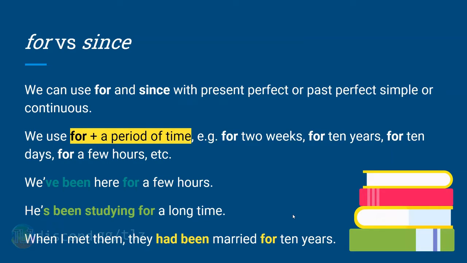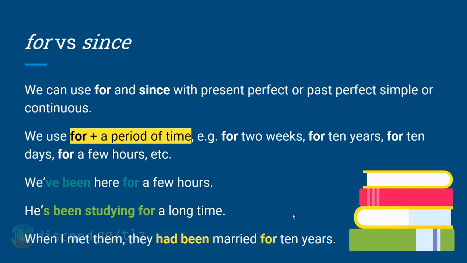Now, regardless of that general fact, there are specifications for their use. We use for with a period of time, for example, for 2 weeks, for 10 years, in a sentence.